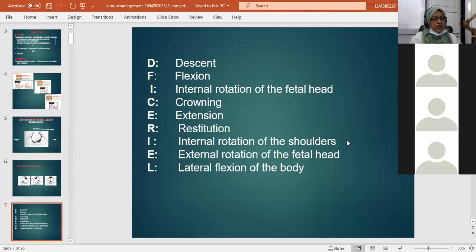There is a little struggle the fetus undergoes while passing through the maternal pelvis. So these are the different steps of the mechanism of labor: engagement, descent, flexion, internal rotation, crowning, extension, restitution, external rotation, internal rotation of the shoulder, and delivery of the remaining portion of the baby.